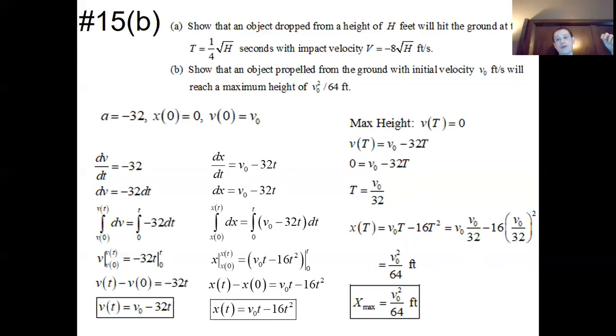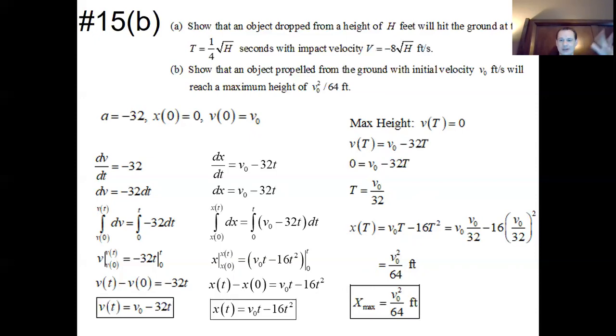Well, now I want to know what the actual position is at that time. So I want to know x of capital T. Plugging capital T into our x equation, you get that x of capital T is v naught times capital T minus 16 capital T squared. And since capital T is v naught over 32, if you plug that in, you get that the x at this time is v naught times v naught over 32 minus 16 times the quantity v naught over 32 squared, which I won't bore you with the details.